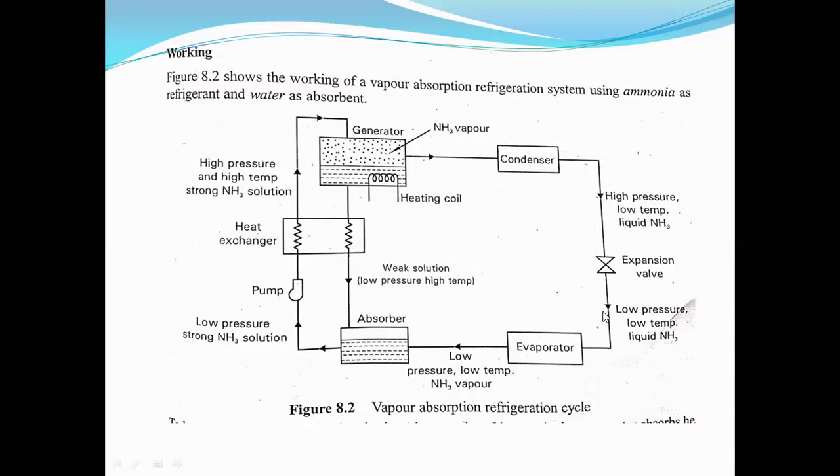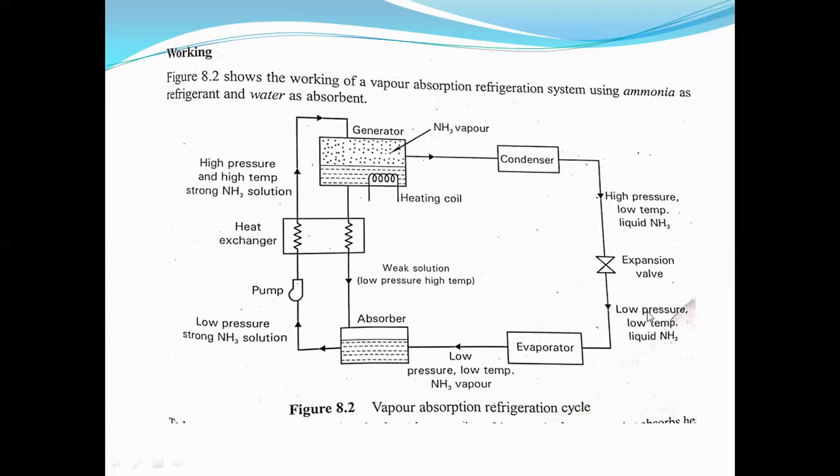Low pressure, low temperature liquid ammonia enters the evaporator. The main function of the evaporator is to convert the liquid phase into vapor phase. This evaporator is placed inside the cabinet in the refrigeration system.